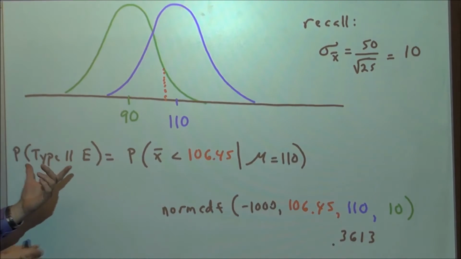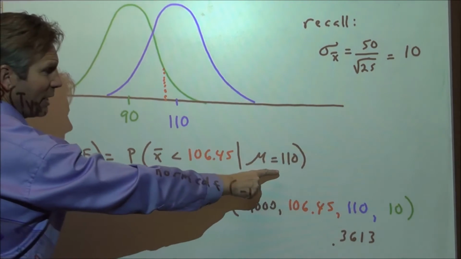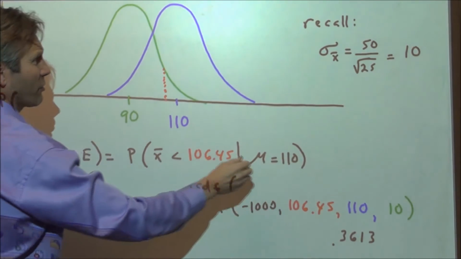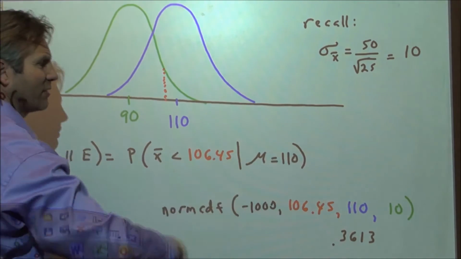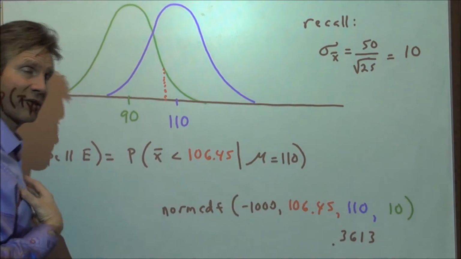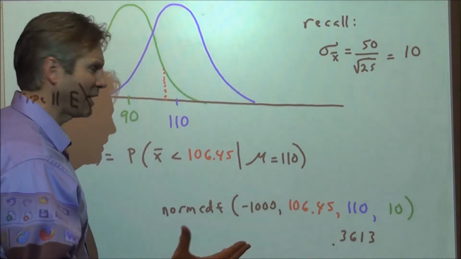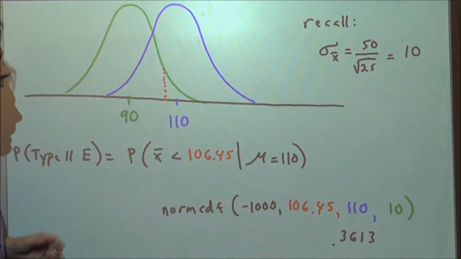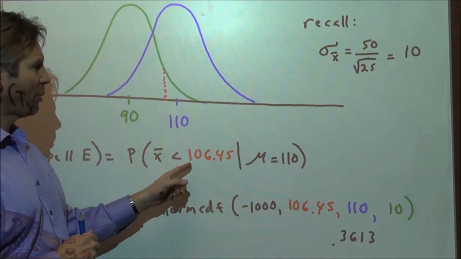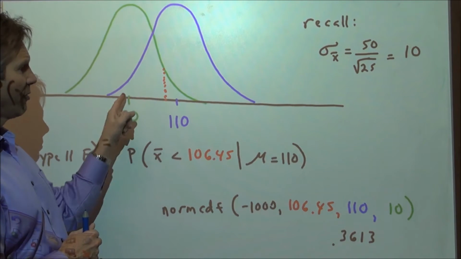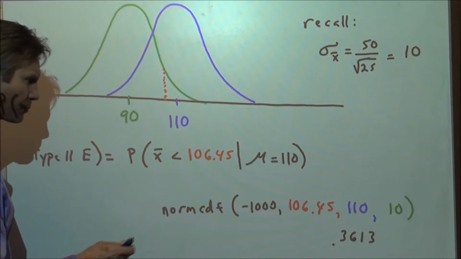All right, so then the probability of a type 2 error would be, given that the mean is 110, so given that the true sampling distribution would have a mean of 110 seconds, that's reality for our business and our customers, is that they'd be waiting on average 110 seconds. Well then, how likely is it that you'd have bad luck and you would get a sample mean below the 106.45, causing you to fail to reject the null?